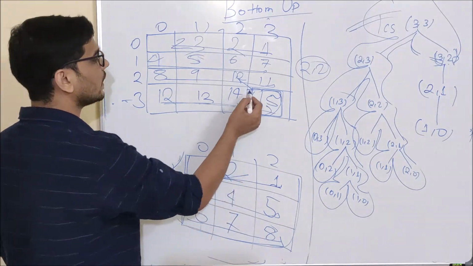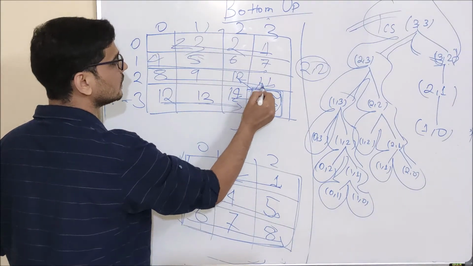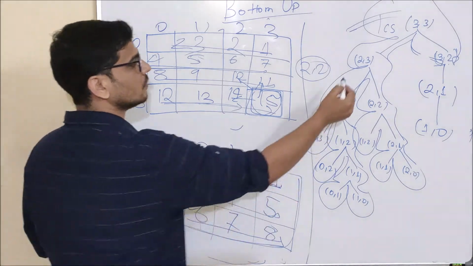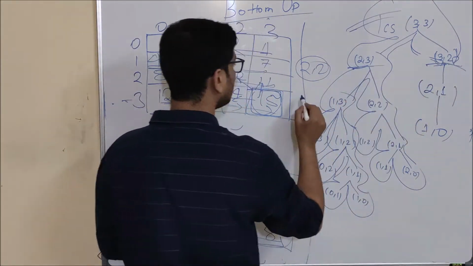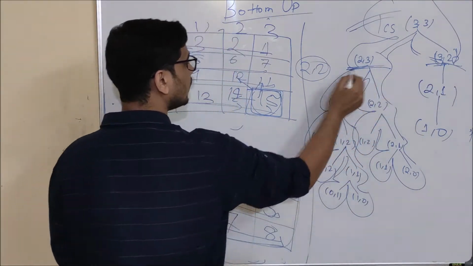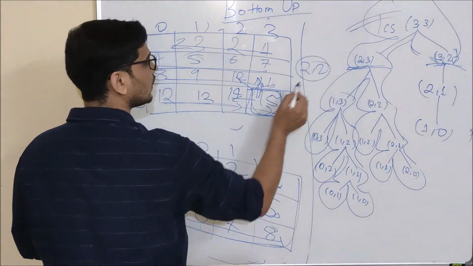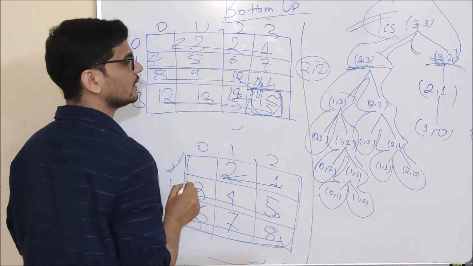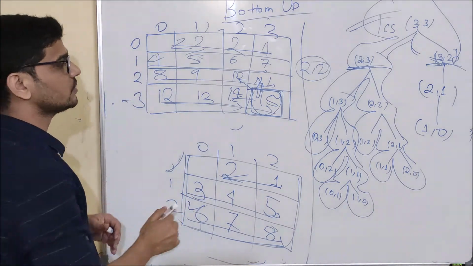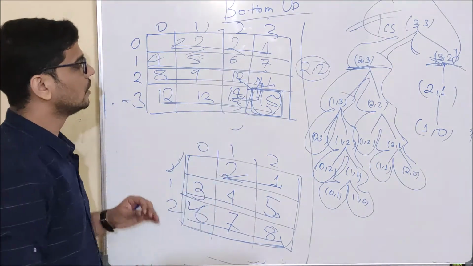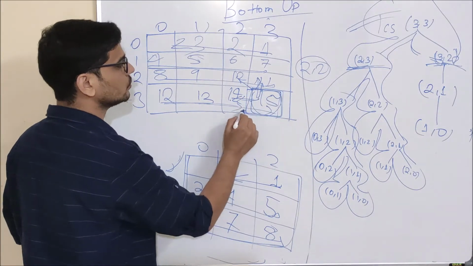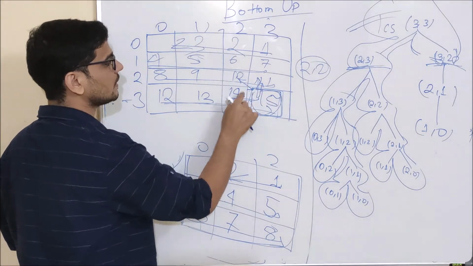Otherwise, if these two characters are not equal, we go to the second row and third column, then the third row and second column, and take the max of them. So to calculate any value, we need these three values.